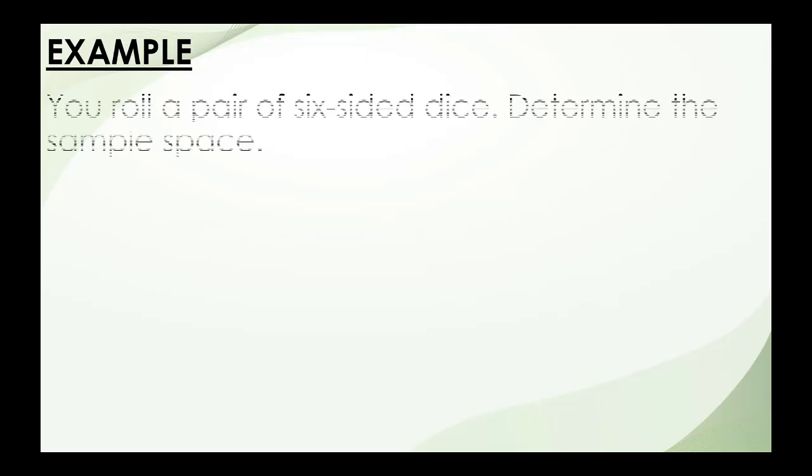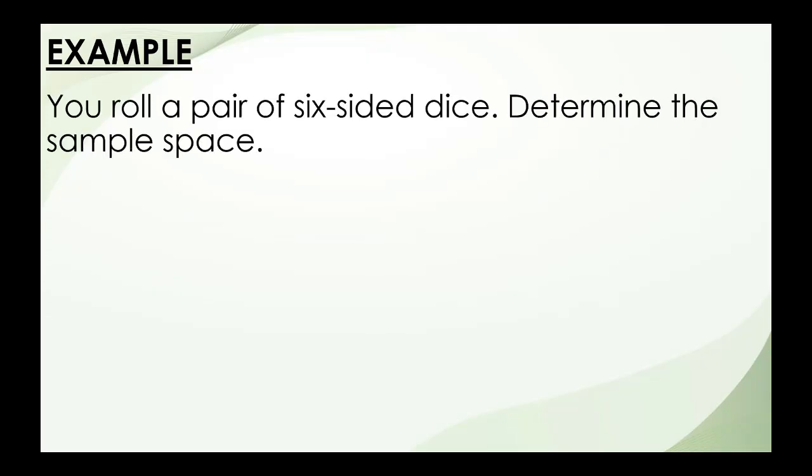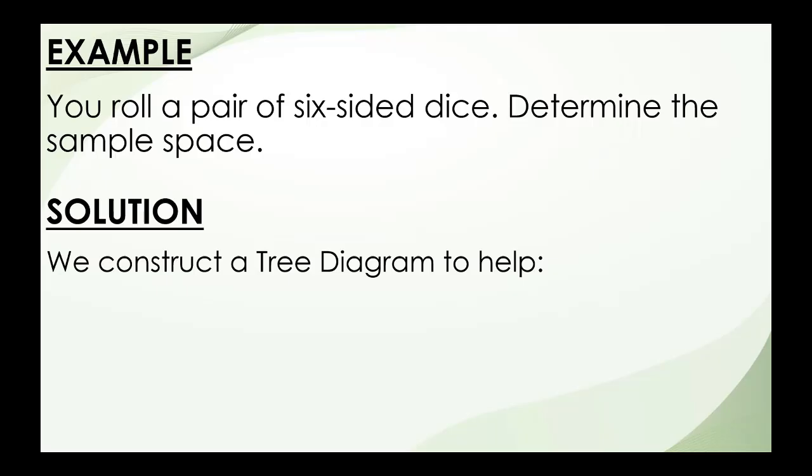So example, you roll a pair of 6-sided dice. Determine the sample space. Well, if we make a tree diagram again, we have to think of each die as its own separate number. So if there's 6-sided dice, there's 6 different numbers that could come up.